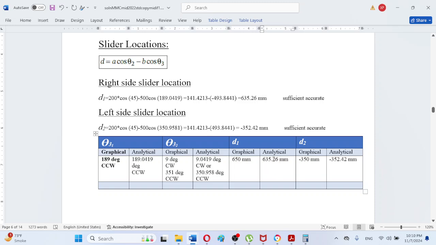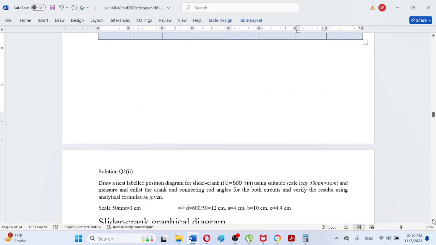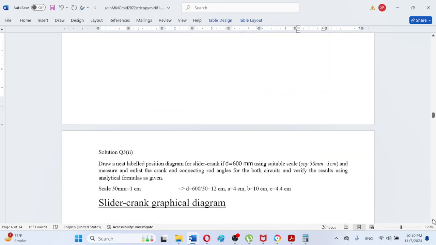The negative sign shows that the slider location is in the second quadrant, because in the second quadrant the x-axis is negative, so that is why the negative sign is here. So these analytical results are giving the negative results. In this way this is the answer for question number three, first part.